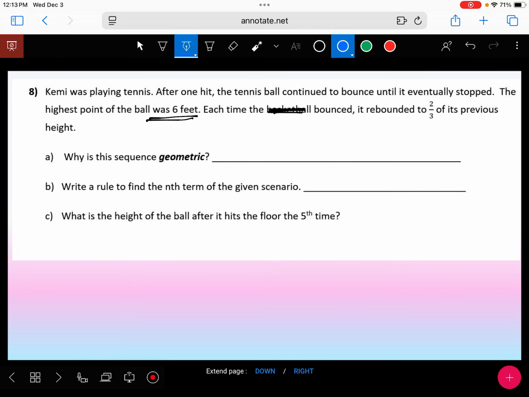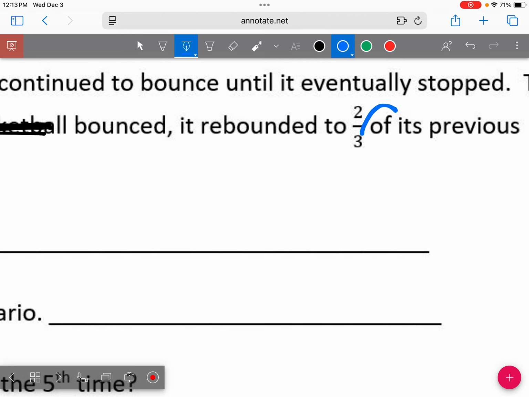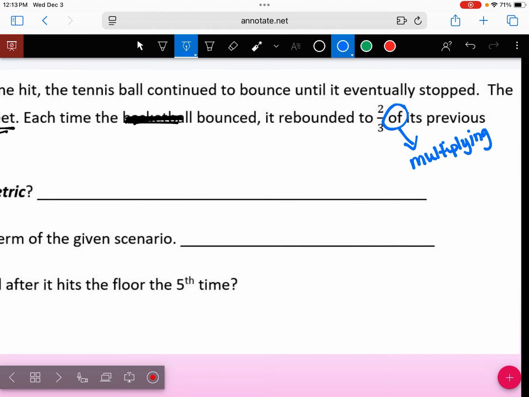This word of, anytime you see the word of, that's an indication that you're multiplying. So if I said 2/3 of my money goes towards rent, that means I have to multiply my monthly income by 2/3.